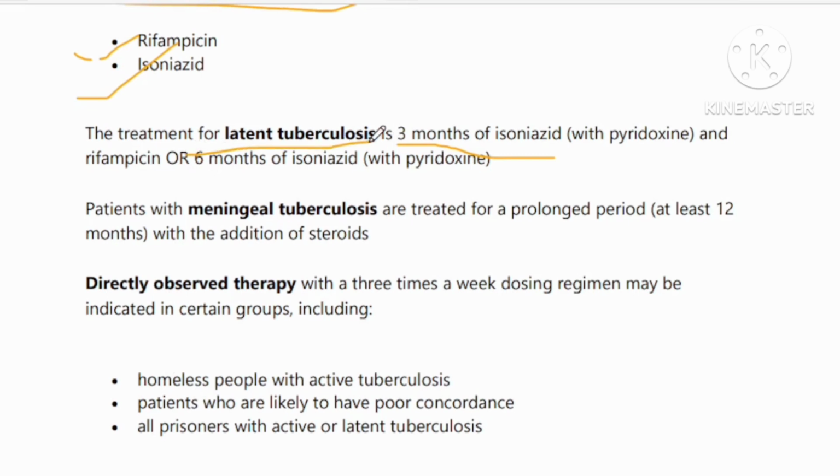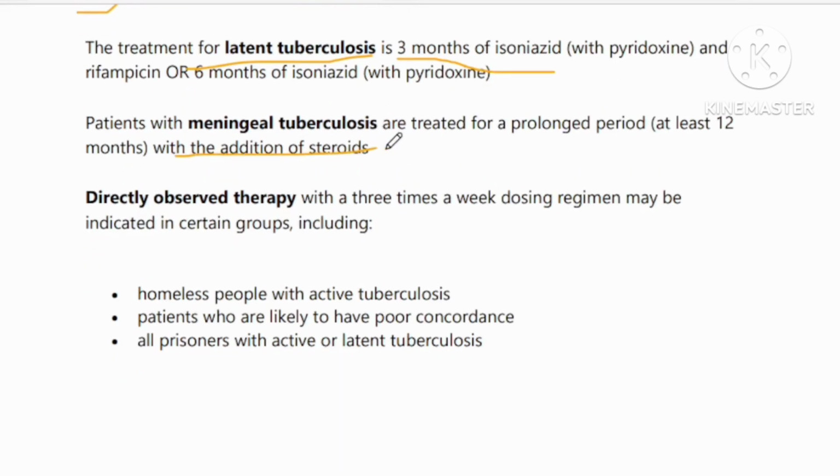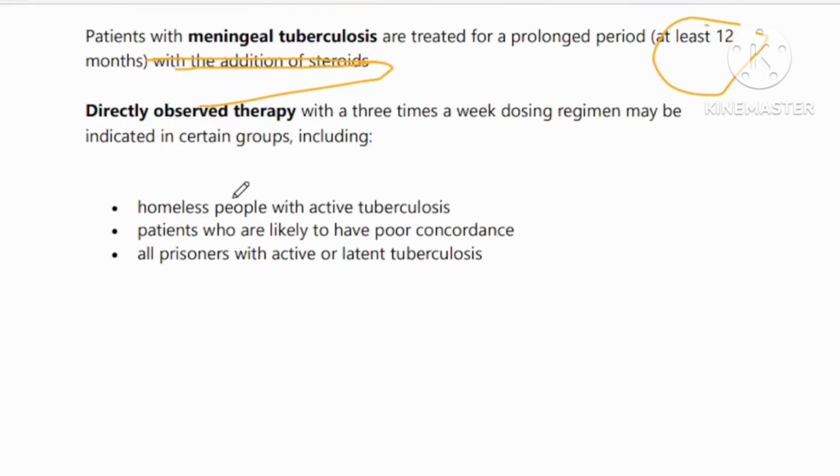For latent tuberculosis, we have options: either isoniazid with pyridoxine for 3 months, or isoniazid, pyridoxine, and rifampicin for 3 months, or isoniazid with pyridoxine for 6 months. For patients with meningeal tuberculosis, there is a prolonged treatment of 12 months with the addition of steroids. And also in this we give streptomycin.